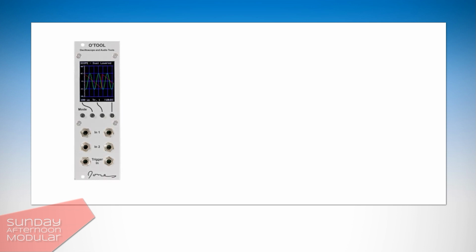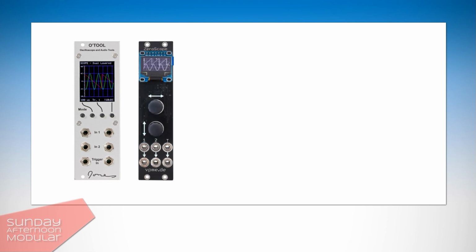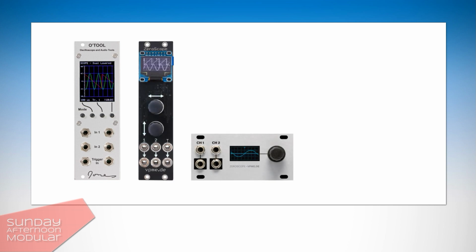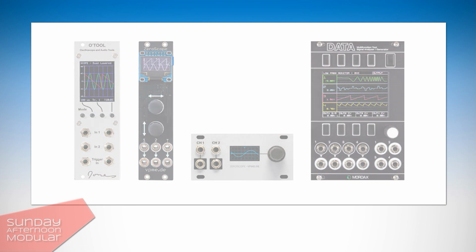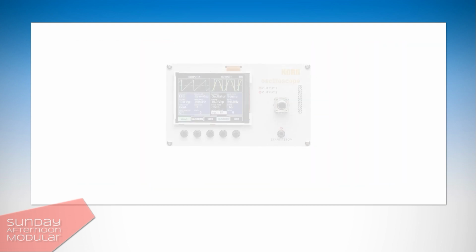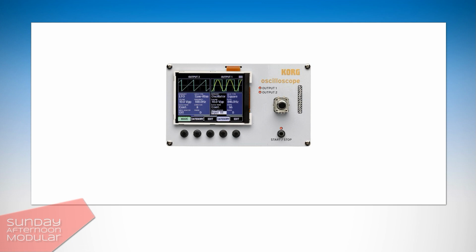But there are also some oscilloscope modules, just as the Dave Jones design O-Tool Plus, the VPME Zeroscope, the IntelliGel Zeroscope 1U, which actually is based on the VPME Zeroscope, or the Ferrari the Mordex Data. And last but not least, small external ones, like the Korg NewTect NTS2.